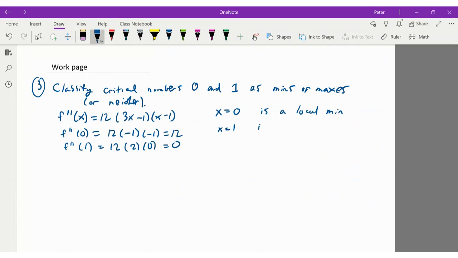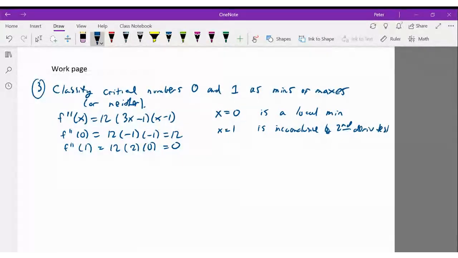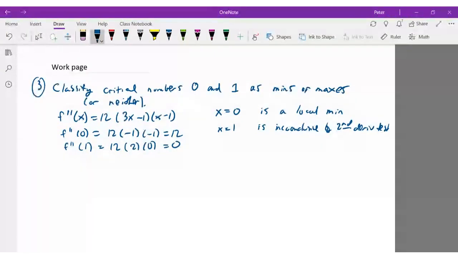X equals 1 is inconclusive by the second derivative test. So we need to go to the first derivative test for that. So 0 and 1.